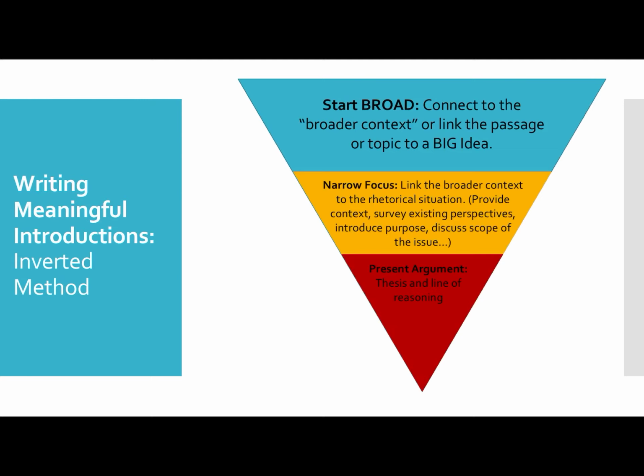So when we say start broad, one go-to thing that I recommend is connecting to big ideas. Big ideas are those universal truths, values that people hold, like truth, honesty, friendship, loyalty. You can always start with a general statement about a related big idea, and your reader can connect with that. The reason those are called big ideas or universal ideas is because these abstract things are experienced by everyone.